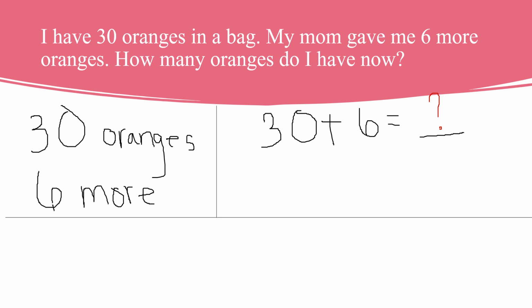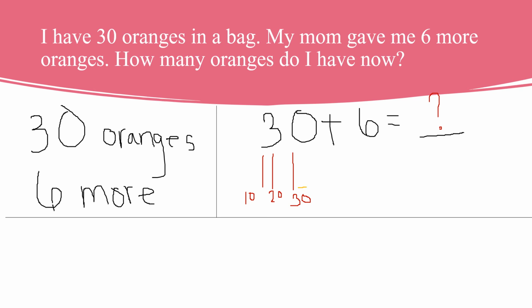We're going to draw our tens. So we're going to say 10, 20, 30. So we can write 10, 20, 30. So I know I have 30.